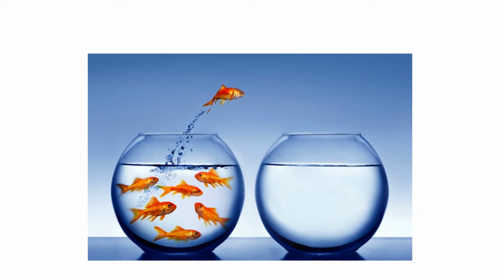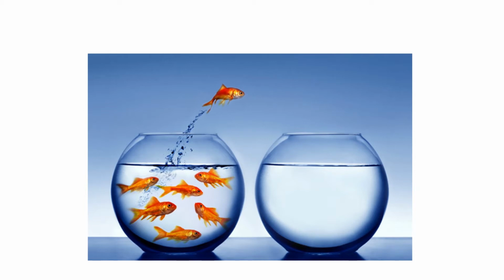But one fish has tried to free itself from the other fishes. So it is jumping from its place to another, and this is an example of independent.